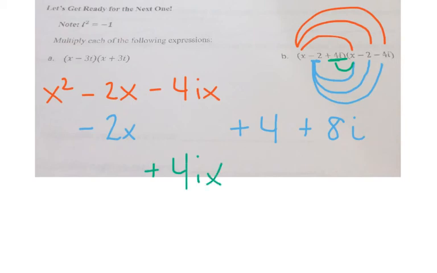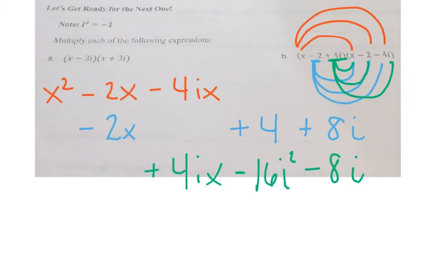Notice something cool that's about to happen there. Then we get 4i times -2, which gives me -8i. And then we get 4i times -4i, which gives me -16i squared.